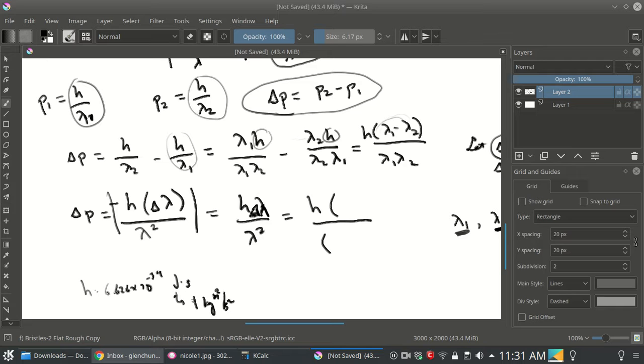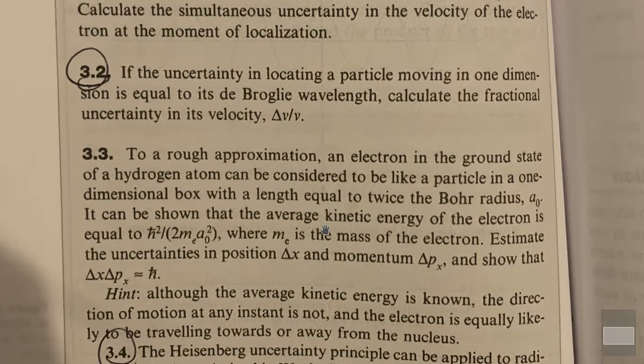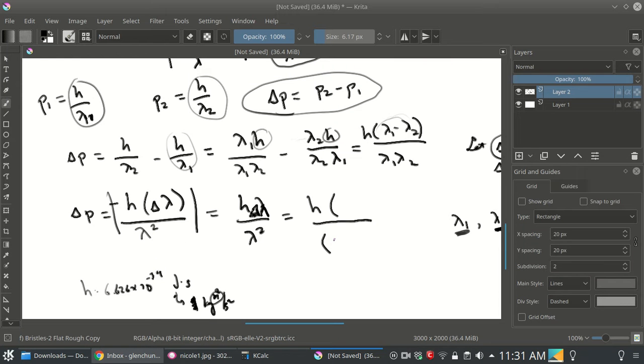So a joule is a kilogram meter squared per second squared, so I'm going to be using meters. That means I'm going to change 0.5 nanometers, which I'm getting from the problem right here, to meters. 1 nanometer is 1 times 10 to the negative 9th meters, so this is going to be 5 times 10 to the negative 10th meters, right?